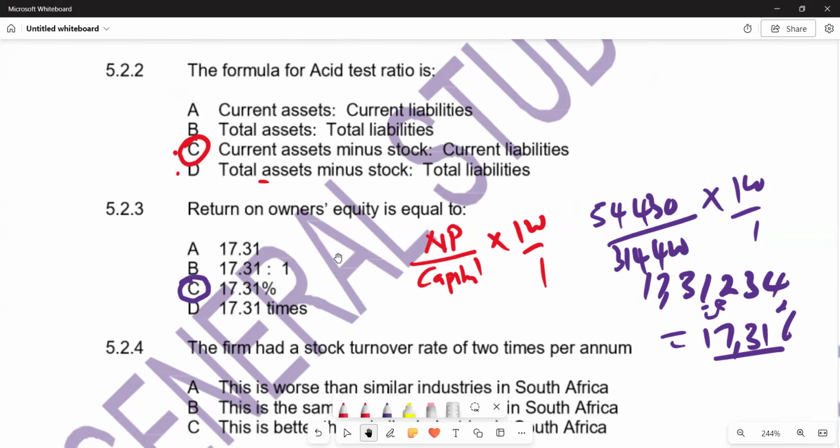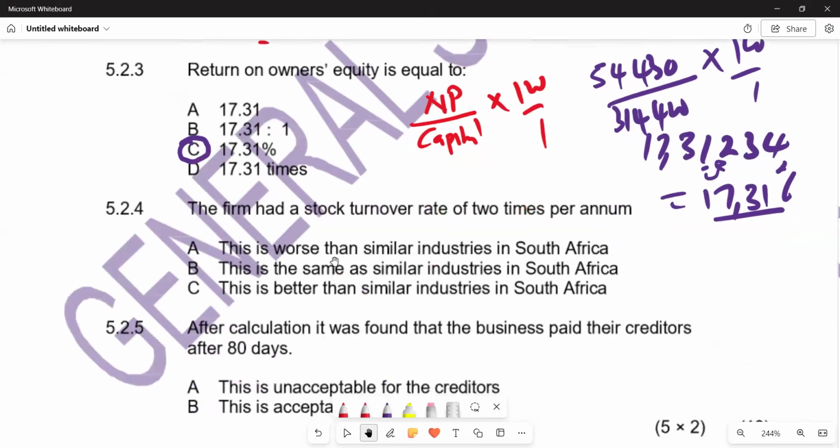So the next question is saying the firm had a stock turnover rate of 2 times per annum. So what interpretation is correct or appropriate according to this turnover that we are given? So obviously, when we're talking about these ratios, for us to be able to interpret them, you might use the previous year's ratio and compare it with this year's ratio and see if there's an improvement or it has worsened.